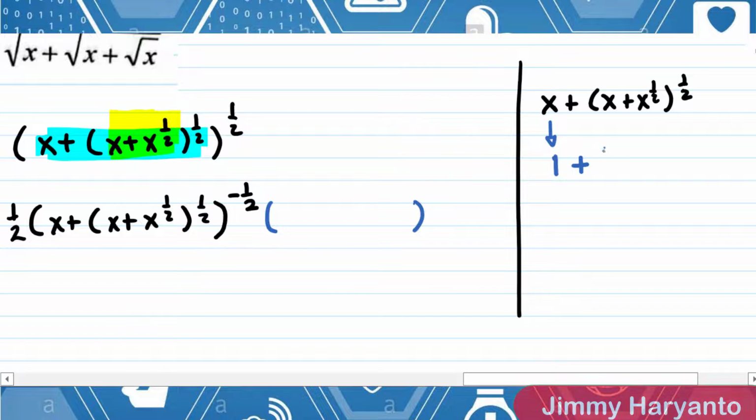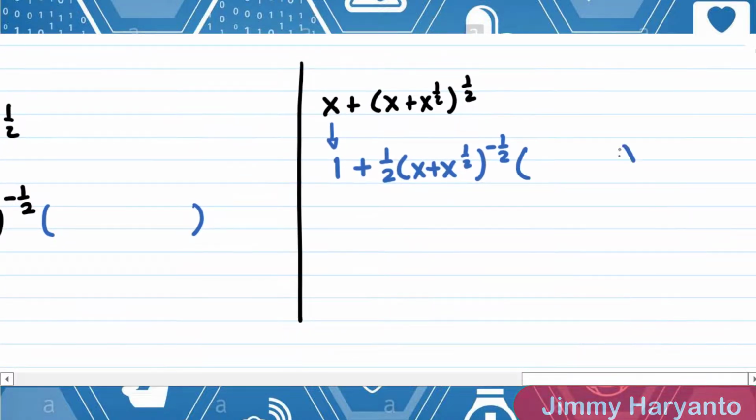So you'll get plus half, and then x plus x to the power of half to the power of negative half, times it again with the differentiation of the inner function one more time. The inner function is this one guys. What is it?